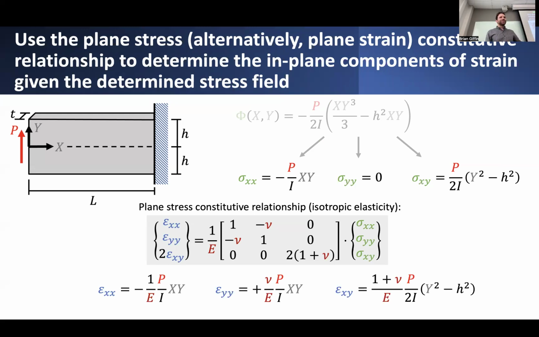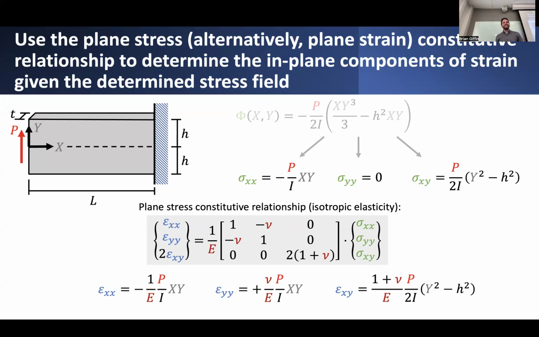So clearly, the shear strain field also has this quadratic variation, much like the shear stress distribution had. And we also have the axial strain distribution that varies linearly through the depth of this beam. But we also have a transverse strain, epsilon YY, which is the through-thickness strain, and it's non-zero.